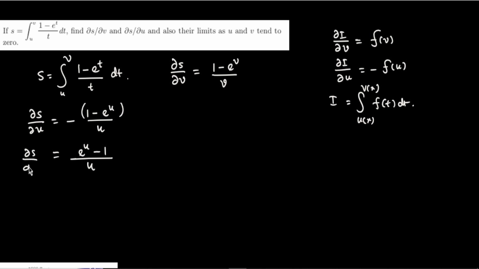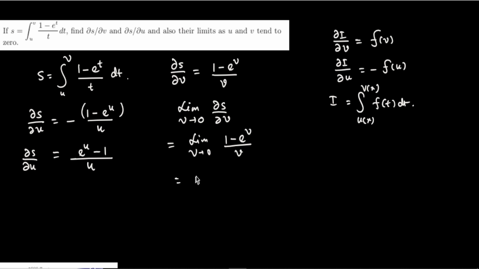In the question, here is another part that is also there: limits as u and v tend to 0. If we introduce the limit v tends to 0, then del s by del v gives us limit v tends to 0 of 1 minus e to the power v by v.